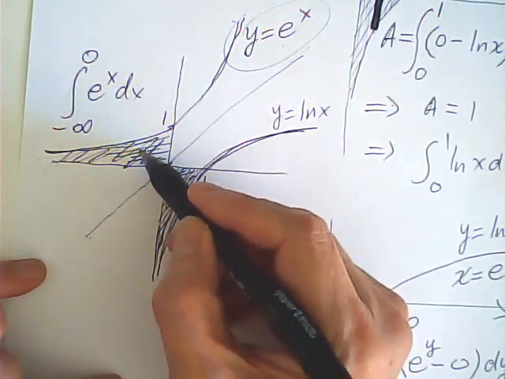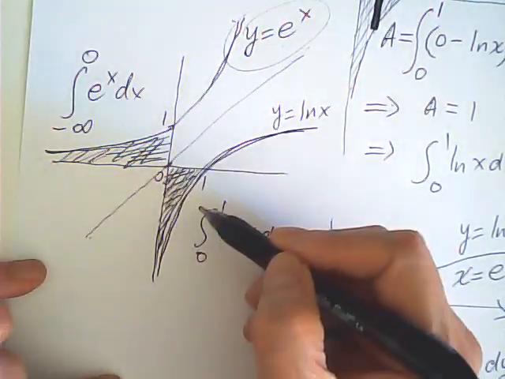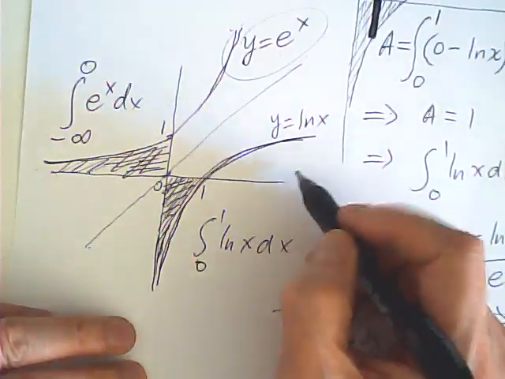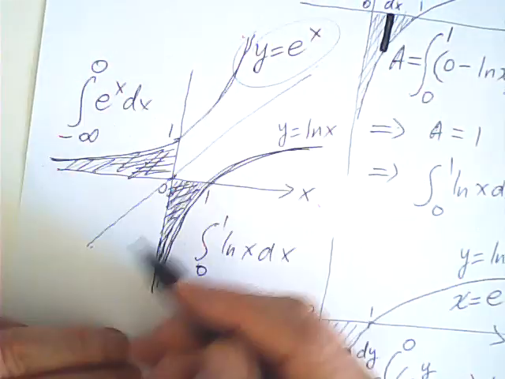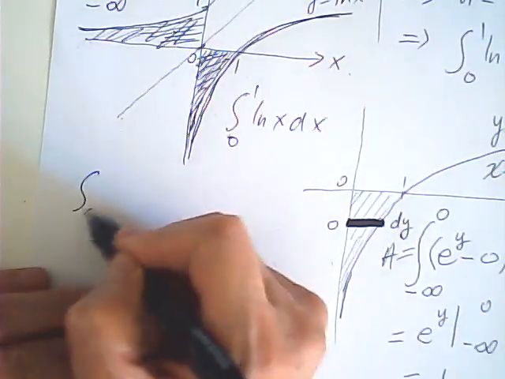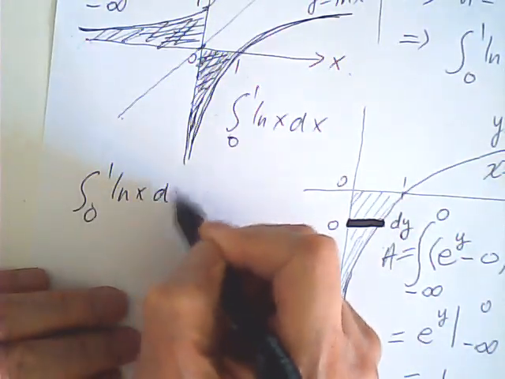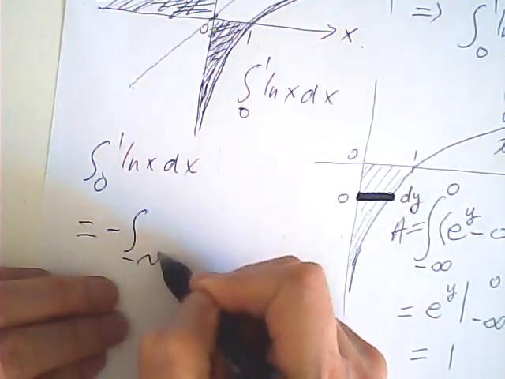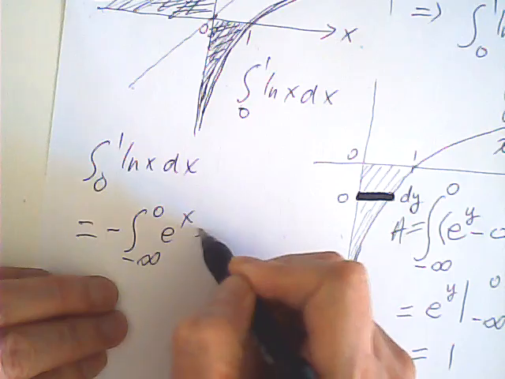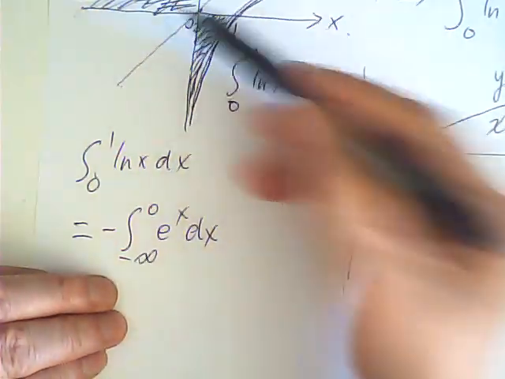But this area is positive. This area is negative. We refer to the x-axis. Above the x-axis is positive. Below the x-axis is negative. So in other words, this is equal to the negative of that area, right?